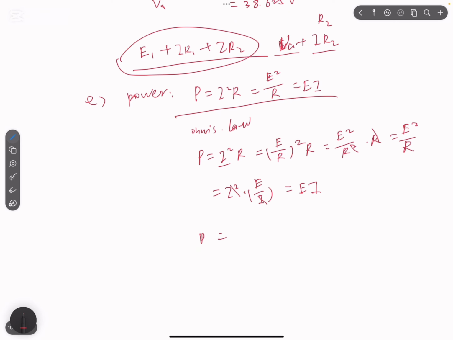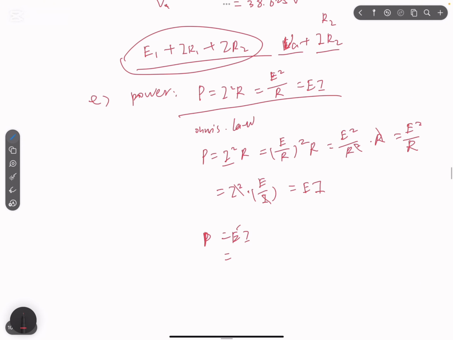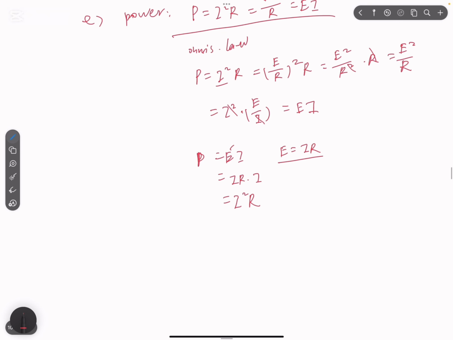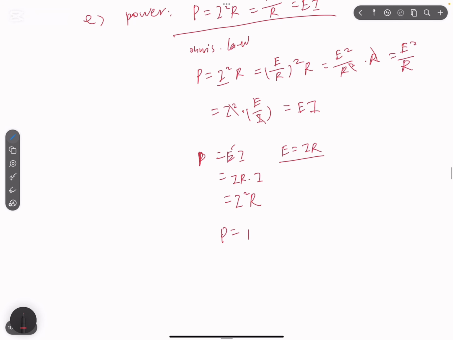If we have P equal to EI and we want to replace E, E equals I times R based on Ohm's law. So I times R times I will be I squared times R. If we want to replace I, we have E times E divided by R, Ohm's law. So that will be E squared divided by R.